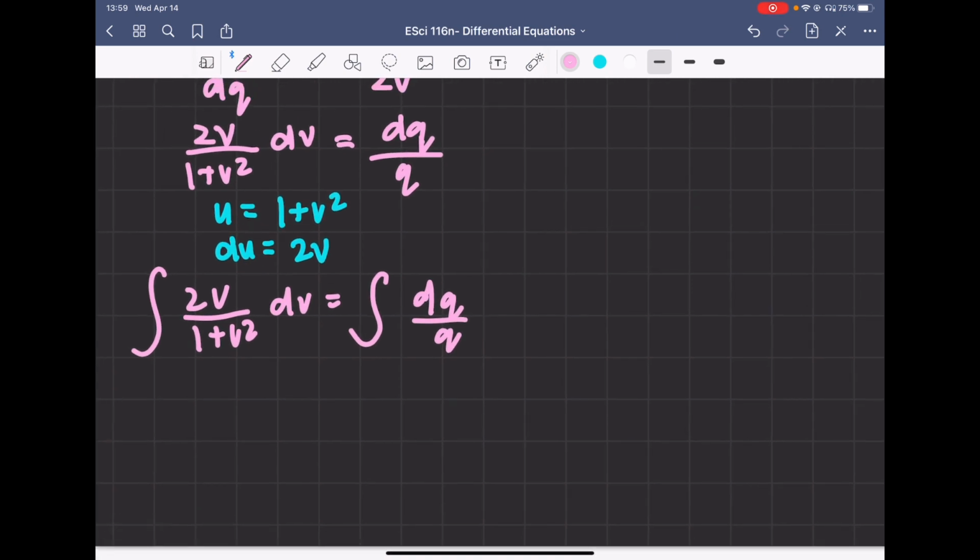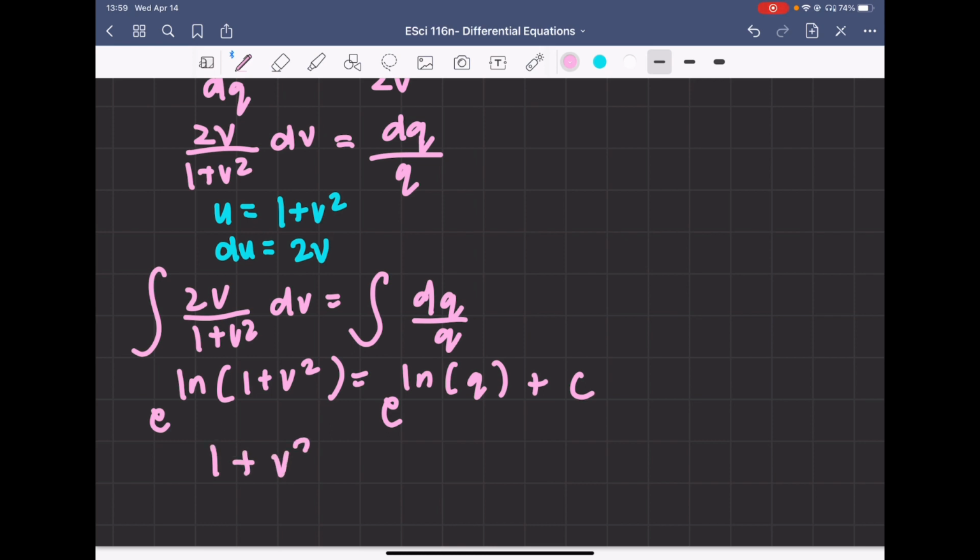That equals ln of 1 plus v squared equals ln q plus c. Now, using the left and right values as the exponent for e so that we can remove our ln, 1 plus v squared equals c times q.